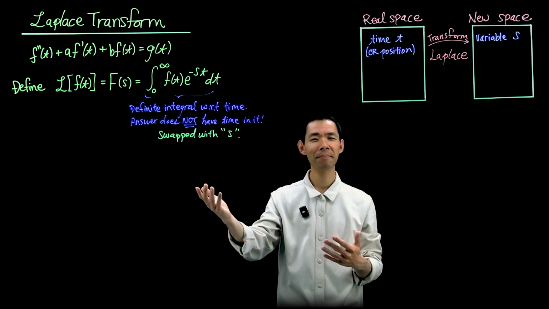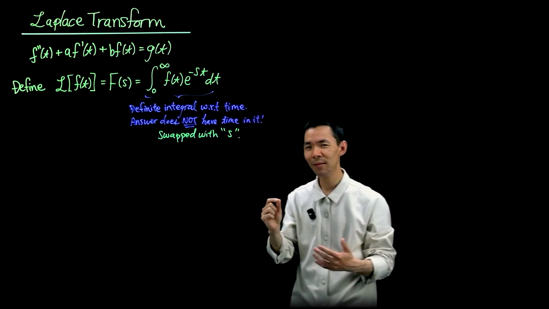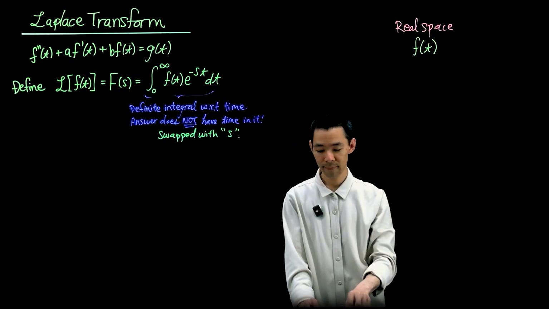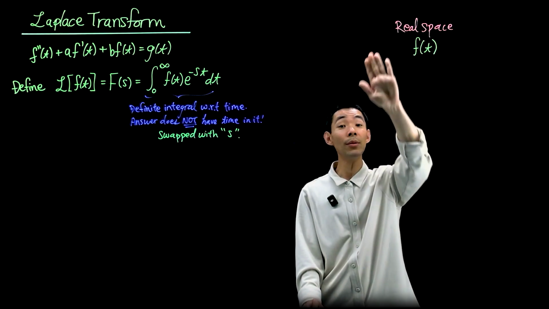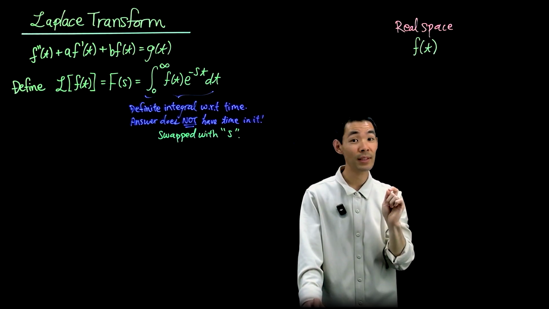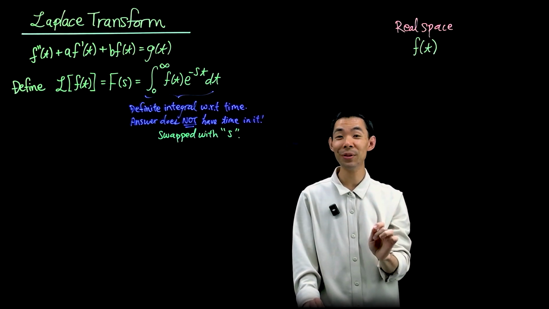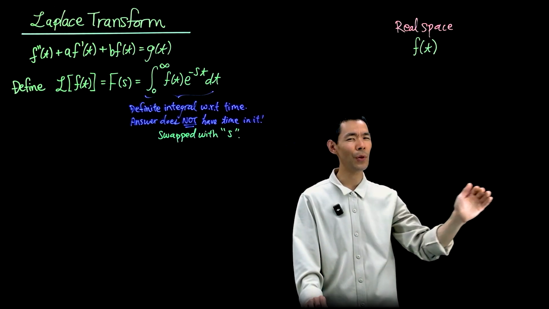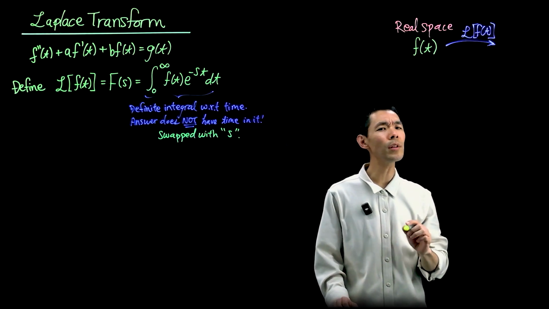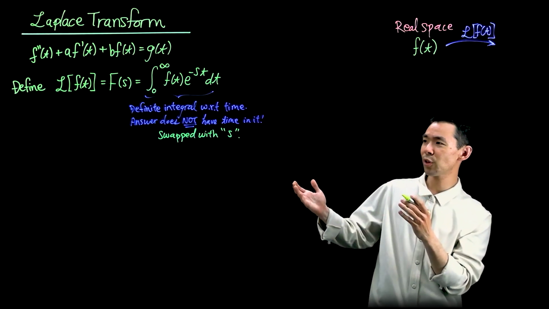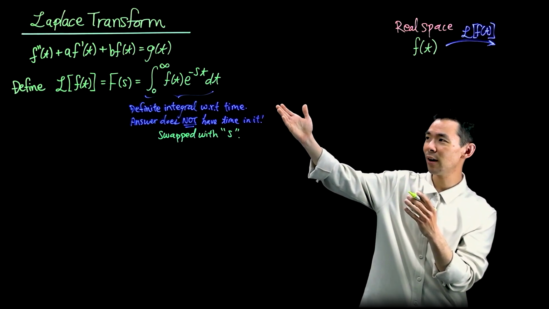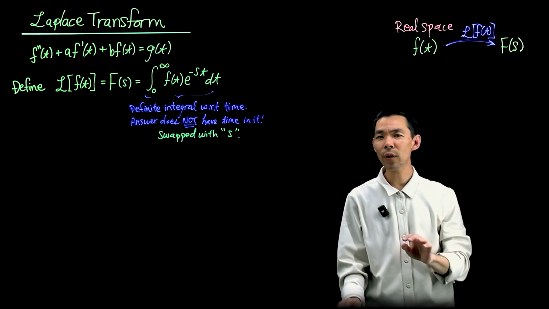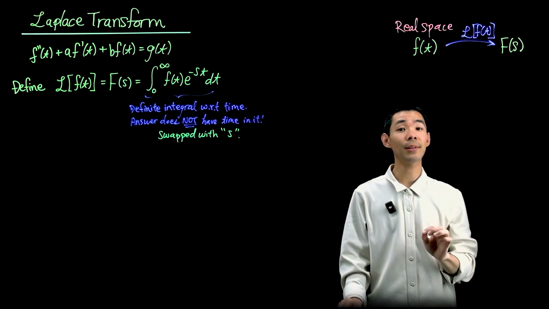Here it is. So let's draw that figure once again. We've taken this real space variable of time and the function you want, which is little f as a function of time, and we've done a Laplace transform to ultimately produce another function, capital F of little s, over in the Laplace domain, or S space.